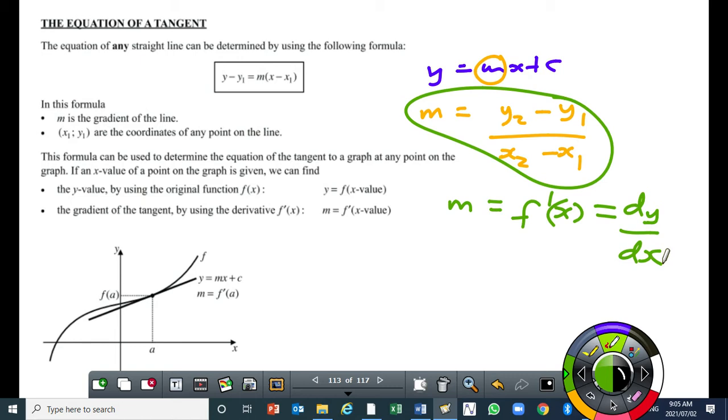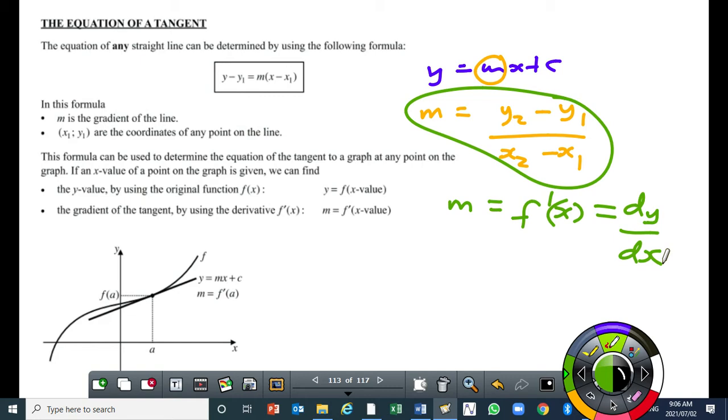It's also equal to dy over dx. It is also equal to the differential operator d over dx, but I don't want to put that there because it's not very common. The most common notation is f prime of x and dy over dx.